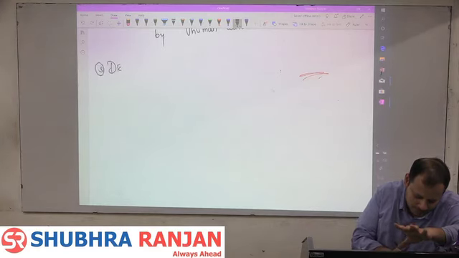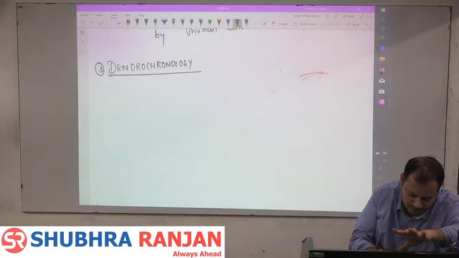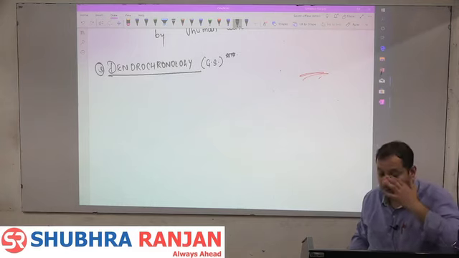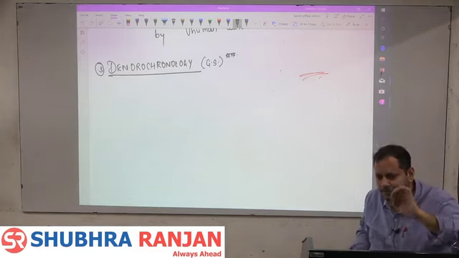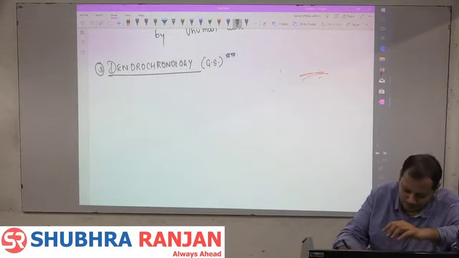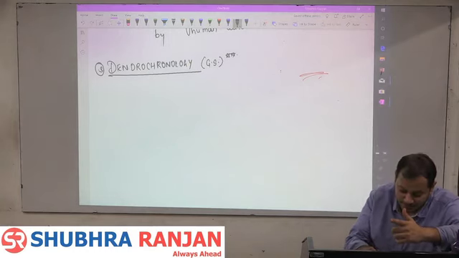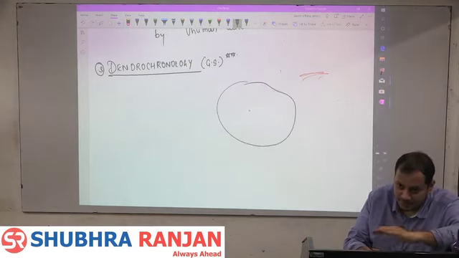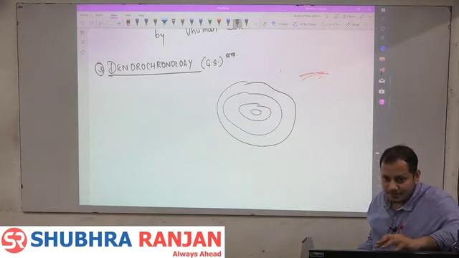Third, dendrochronology. Do this very properly, even for GS. Can someone tell me what dendrochronology is? Yes, the study of rings in the tree. If you cut the tree, there will be rings in it. That is what is known as dendrochronology.